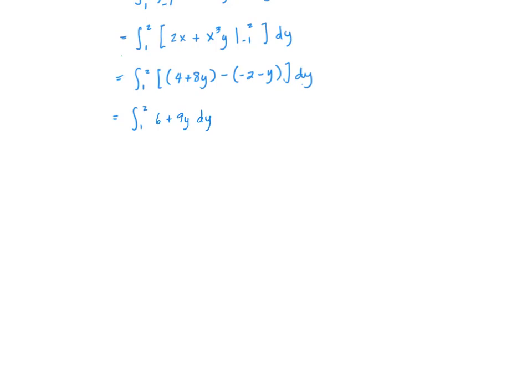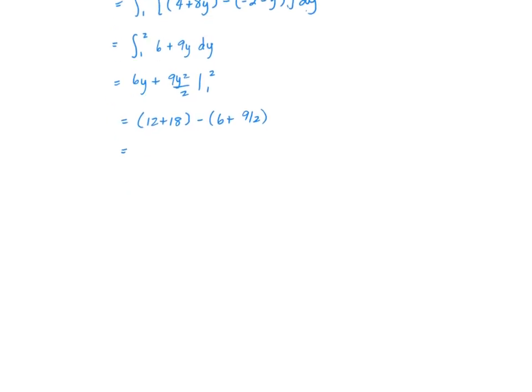So integrating with respect to y, we get 6y plus 9y squared over 2, evaluated from 1 to 2. Alright, so it looks like it's going to be 12 plus 18 minus 6 plus 9 over 2. Okay, so plugging all this in a calculator and choosing fraction, it looks like I get 39 over 2.